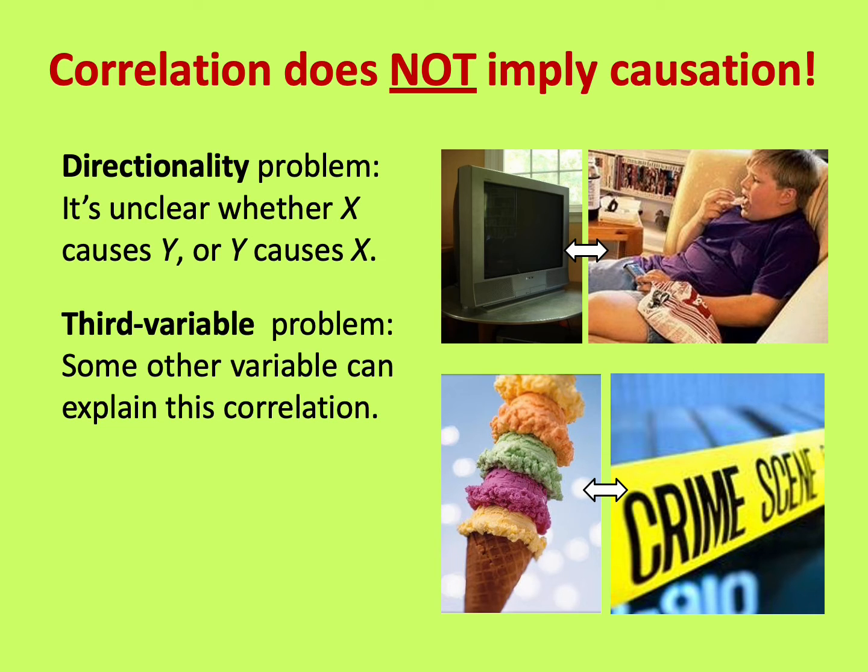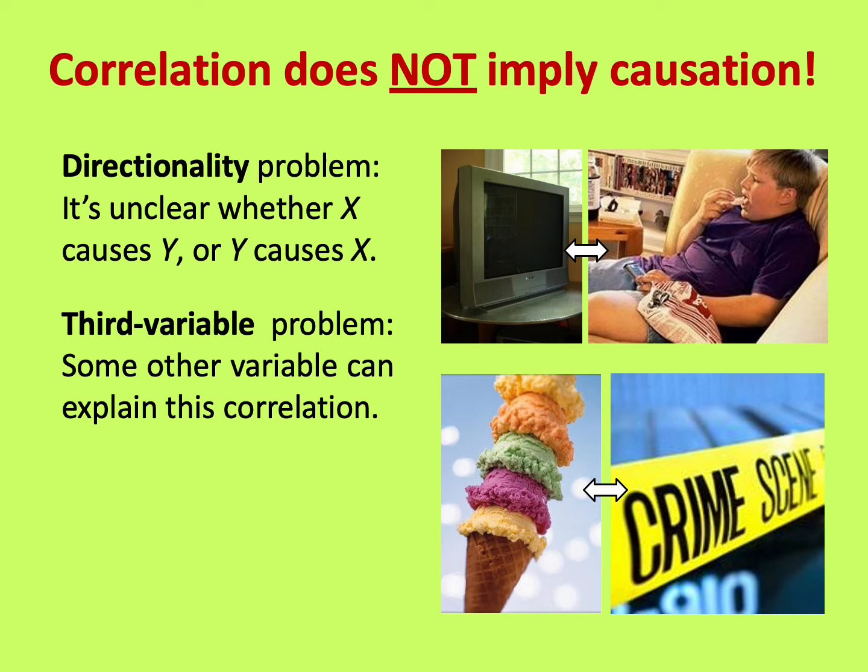Another classic example of the third variable problem is the correlation between ice cream sales and homicide, right? So it has been demonstrated that there is a significant positive correlation between ice cream sales and crime, specifically homicide, right?